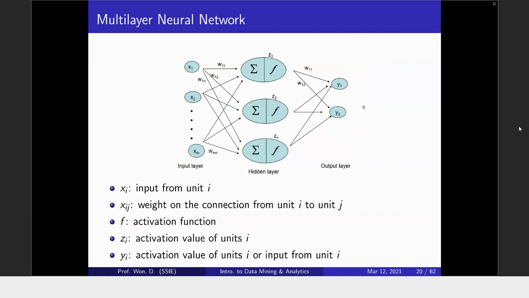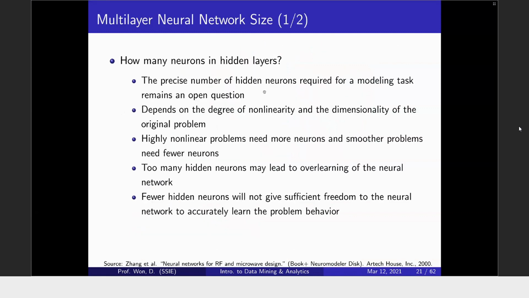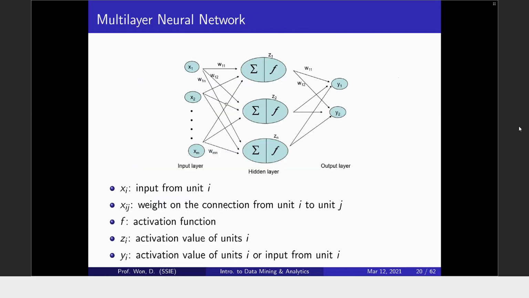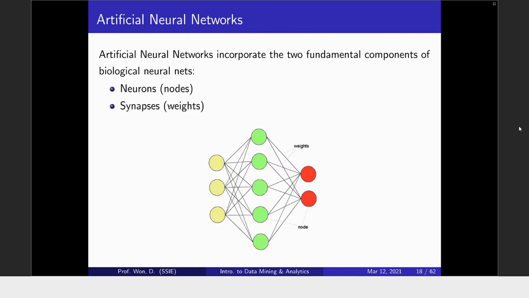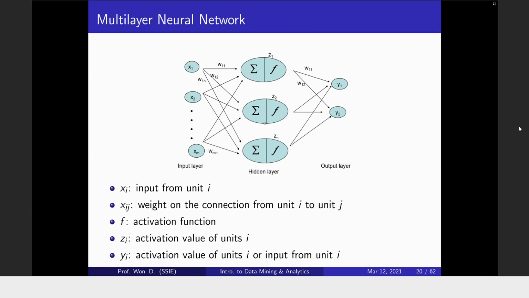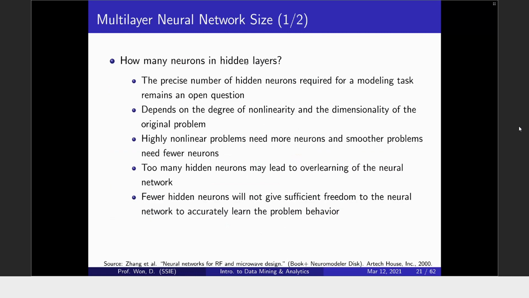Let's look at a little more detail. How many neurons? What are the neurons? In here, what we discussed, a neuron is a node. So how many nodes should be in the hidden layer? The precise optimal number of neurons, the number of nodes in the neural network, is still an open question.